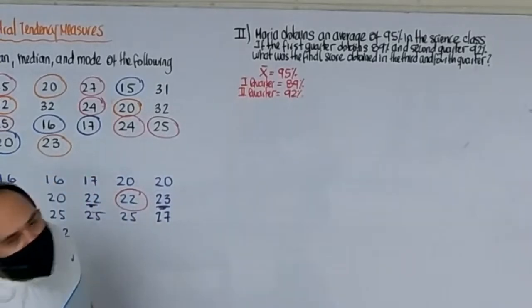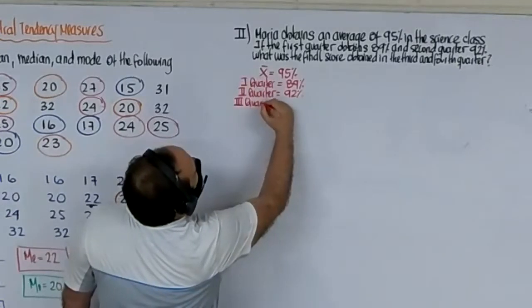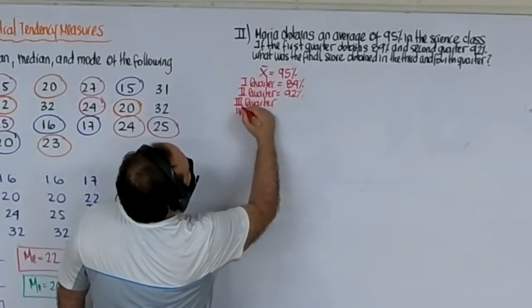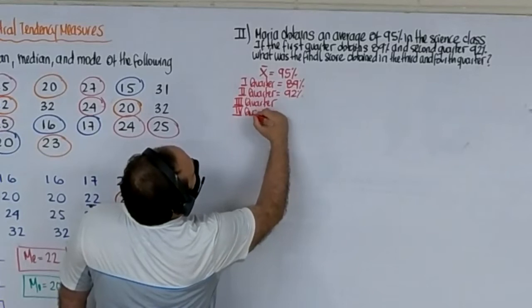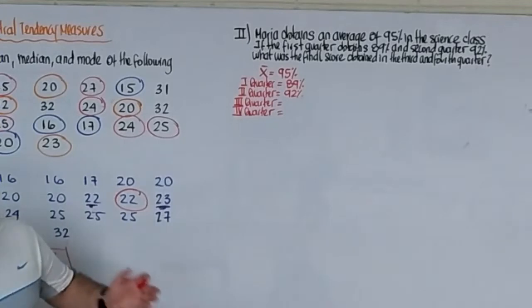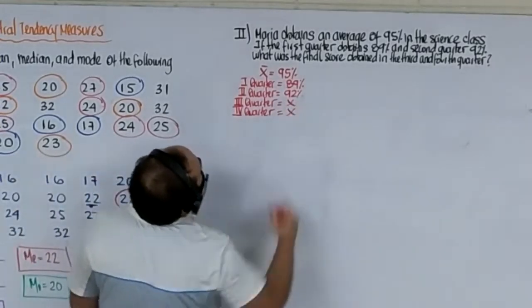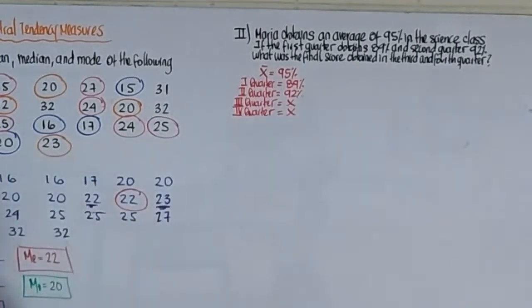But she doesn't know what final grade was obtained in the third quarter and neither the fourth quarter. For that reason, we can assume she got the same score, which will give you an X value. Okay? An average of 95%.